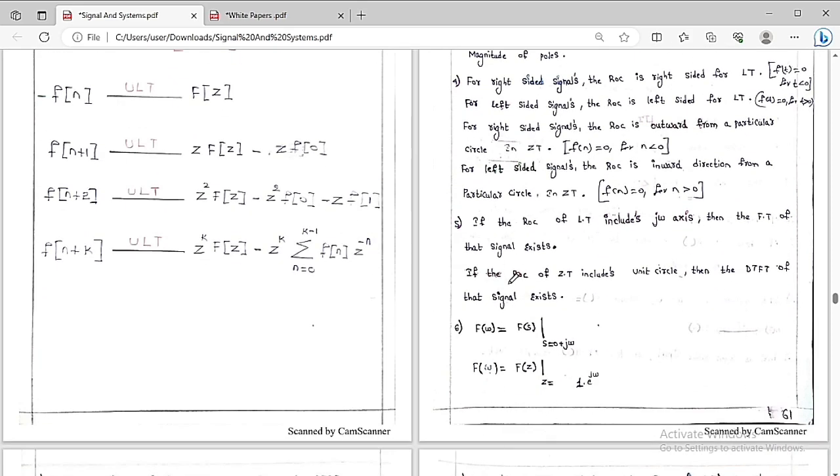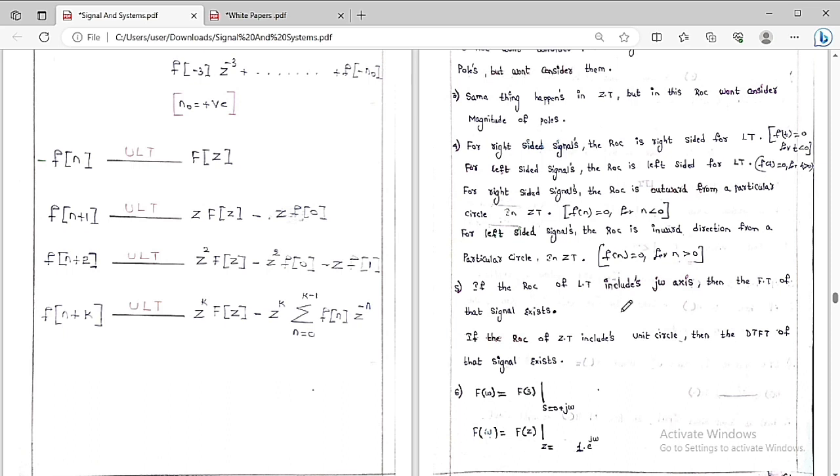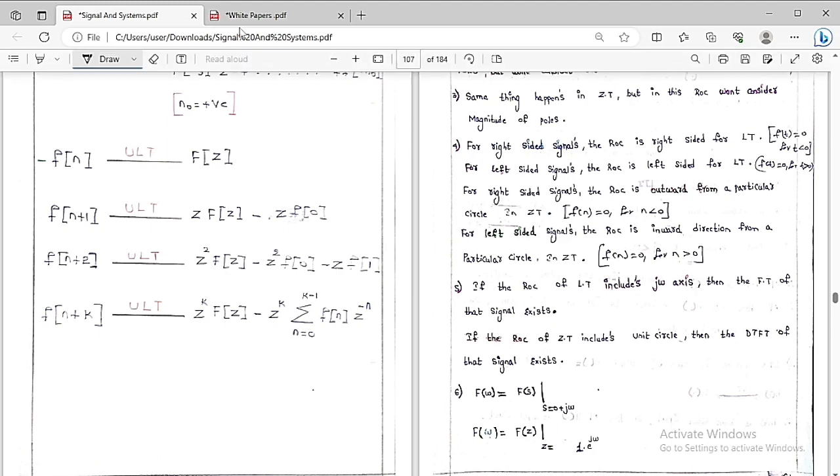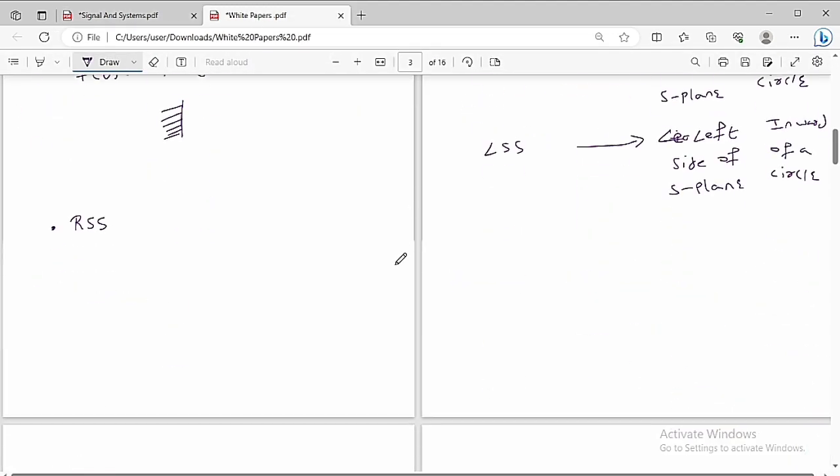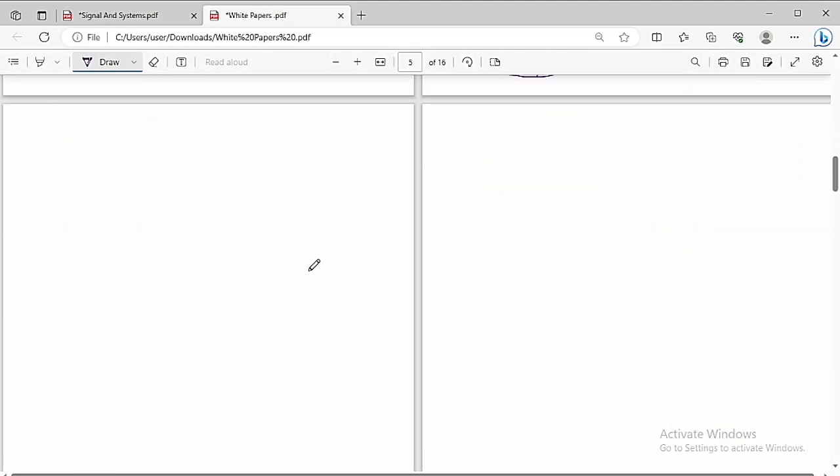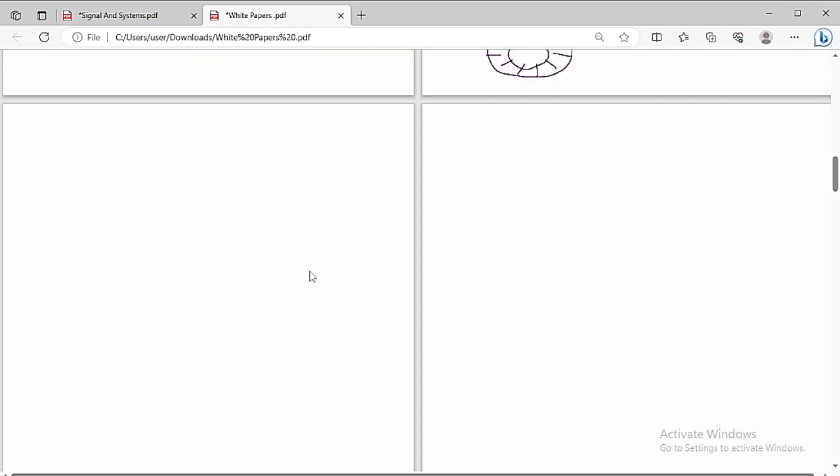The next point is, if the ROC of the Laplace transform includes the j omega axis, then the Fourier transform of the signal exists. If the ROC of the Z transform includes the unit circle, then the discrete time Fourier transform of the signal exists. I have already told you this many times, so let me explain here.